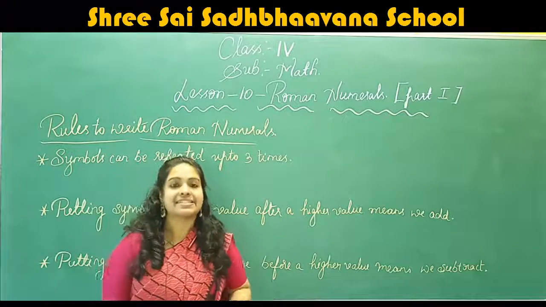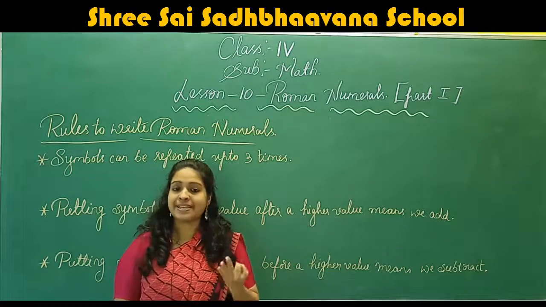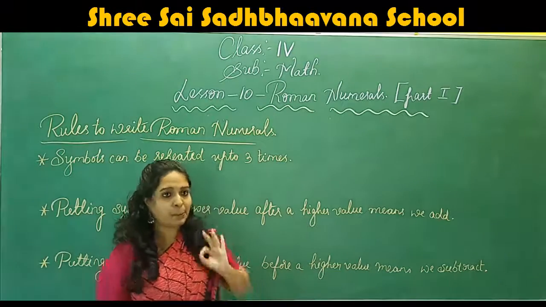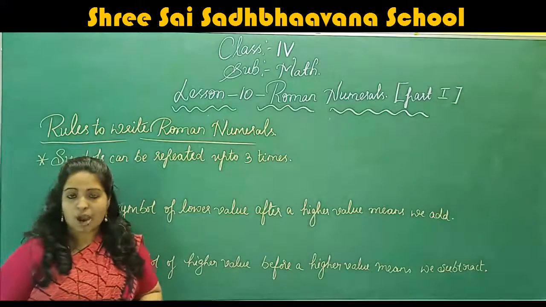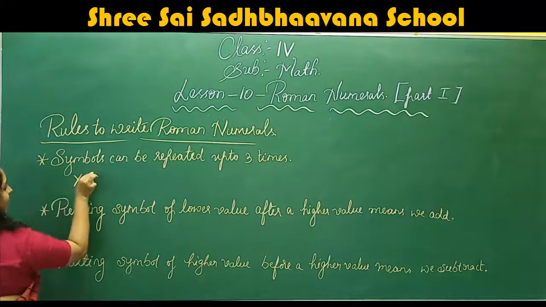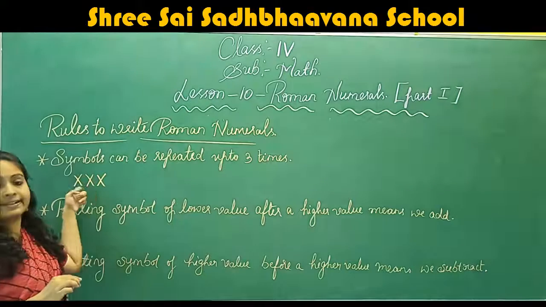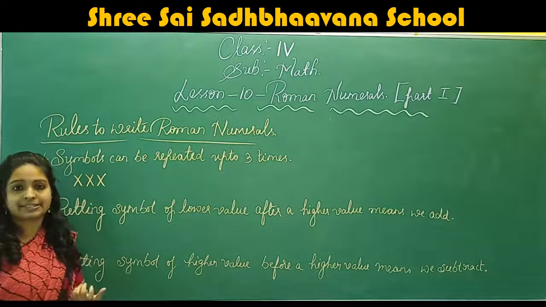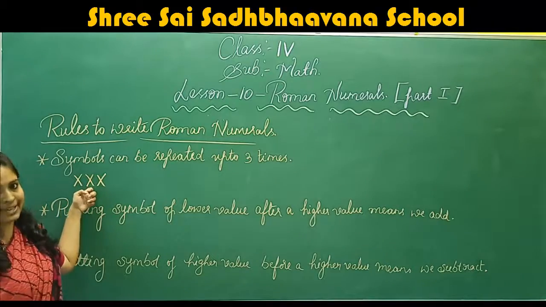As we already discussed, you can repeat the symbol up to 3 times. For example, if you want to write 30, how to write 30, children? Nothing but X, X, X. 10, 10, 10. 3 tens make 30.